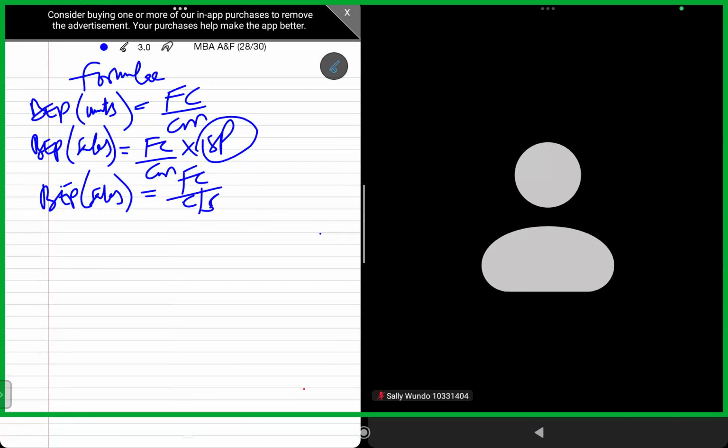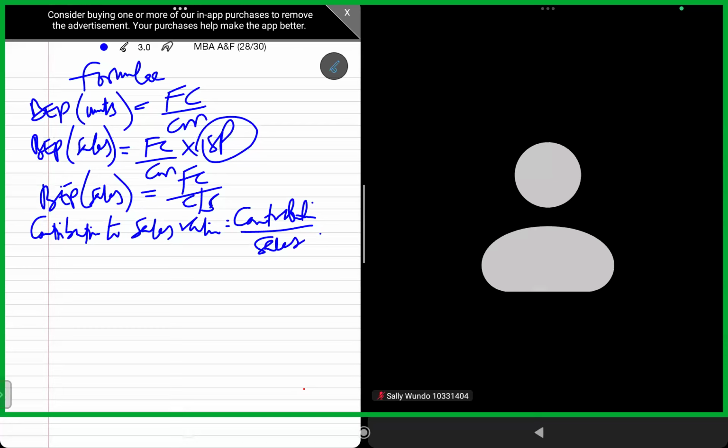Now the C over S is called contribution to sales ratio, which is equal to contribution over sales.